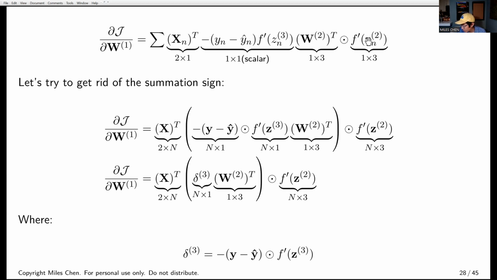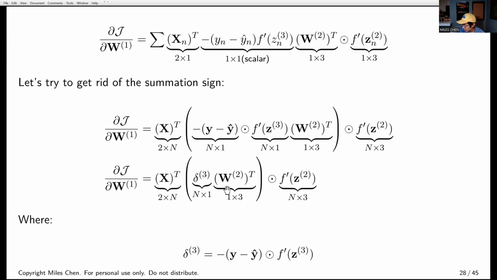The Z matrix has 3 columns, and now we have n rows, not just 1 row, so this is going to become n by 3. I'm writing all of the subscripts here, so what does this look like? If we do element-wise multiplication here, this is going to remain n by 1, and I can multiply this by W2 transpose, and that's 1 by 3.